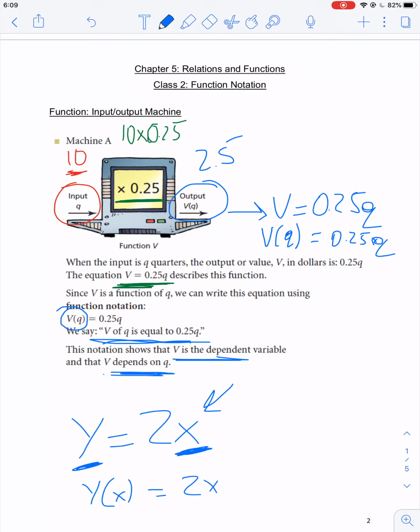This is the extra piece that we're adding now. Kind of like what we did over here, right? You had V, but because V was dependent on Q, now you're writing it as V of Q is equal to 0.25 Q. There's actually an advantage of doing this, right? We're not doing this for no reason, and you will see what the advantage is in my next few examples.